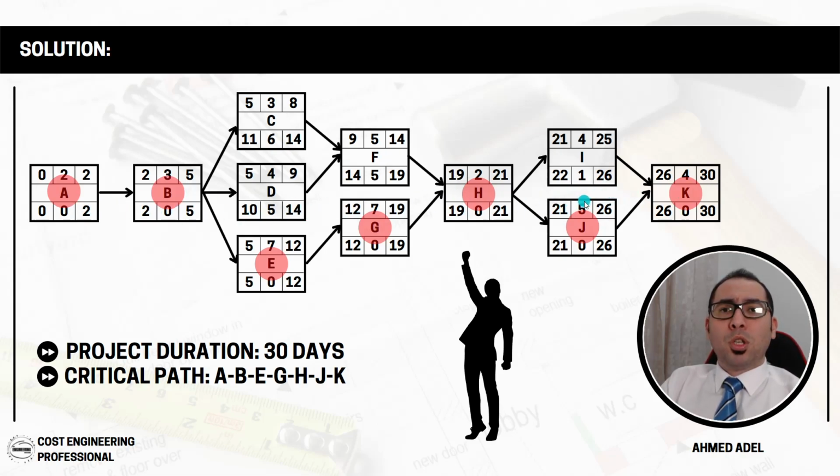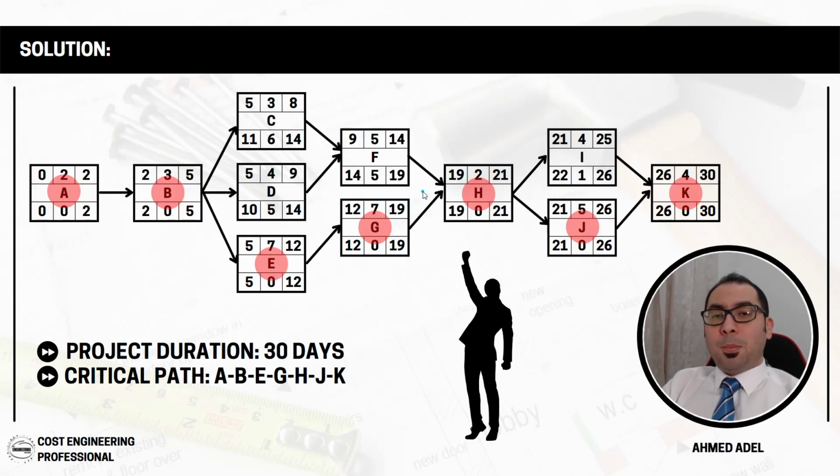Imagine if you have a project of 100 activities or 500 or 1000 activities. Do you think you can do this manually just as we did right now? It cannot be. That's why we have planning and scheduling software like MS Project and Primavera, and these programs work with CPM, or critical path method.